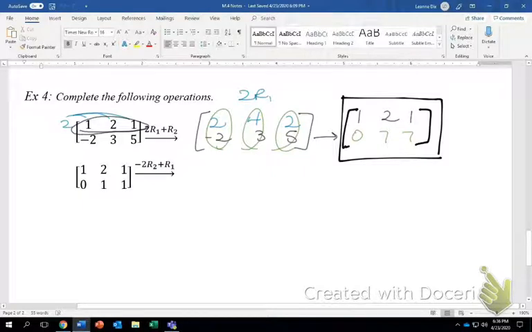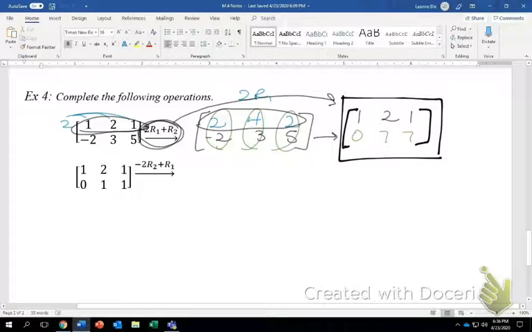But all of the work right here that we did is for the second row. And yes, we showed it on the first row to help us, but it was essentially just to help us get our final answer. And our final answer doesn't have any operations for row 1, so our final answer should have a completely untouched row 1 as the answer, which is why I have that 1, 2, 1.